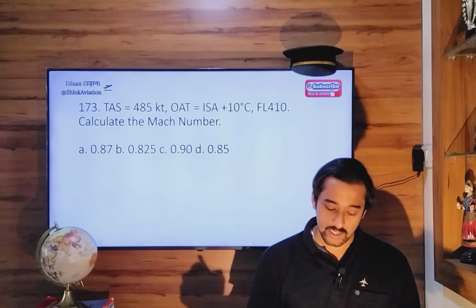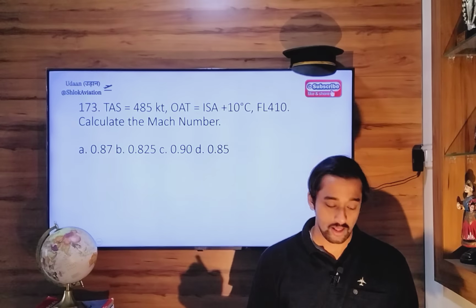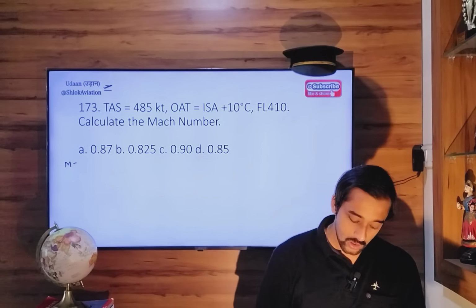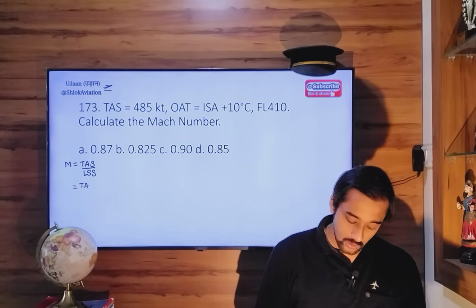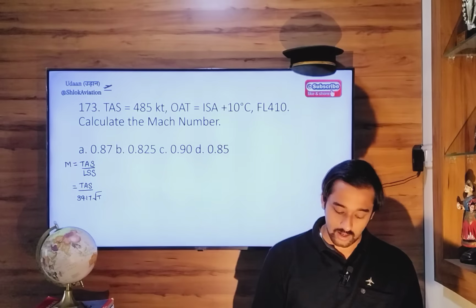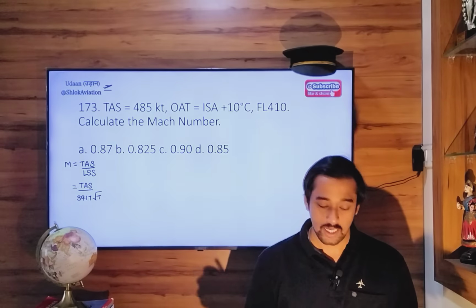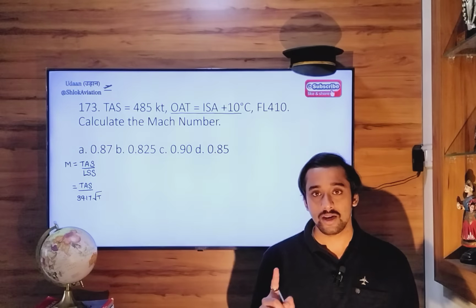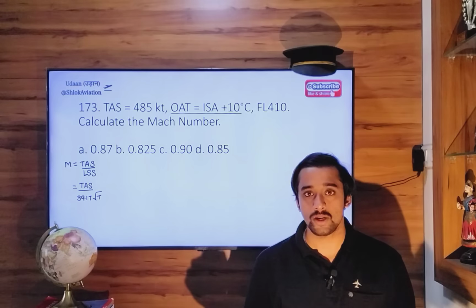173. Task, temperature, flight level. Calculate the Mach number. The Mach number equals true airspeed upon local speed of sound. True airspeed is given to us. Local speed of sound is 39.17 root of temperature in kelvins. So now we need outside air temperature in kelvins. They have told us that outside air temperature is ISA temperature plus 10 degrees Celsius, warmer than ISA.